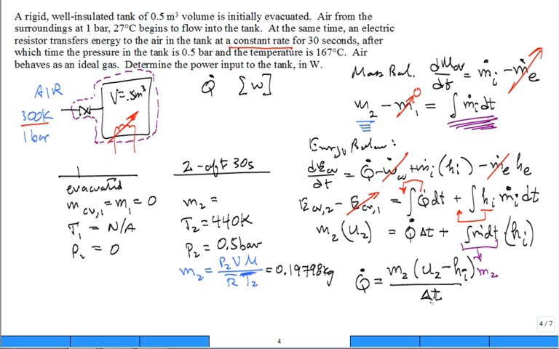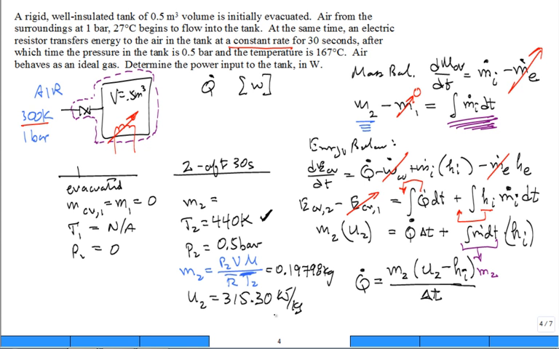This is a little funny because on the internal energy right here, I need to get U2. So I have a number for the subscript on that property. The internal energy of 440 degree Kelvin air, I can just get that out of a table, is 315.30 kilojoules per kilogram.